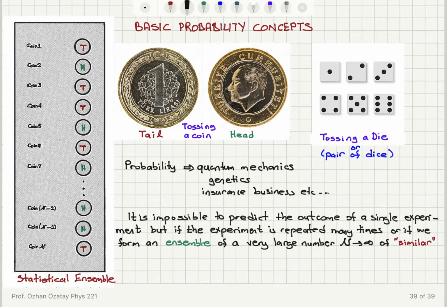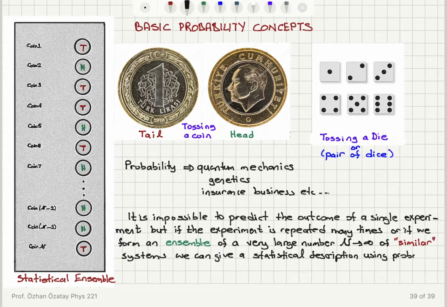Ideally, they should be identical. Similar systems. We can give a statistical description using probabilities.